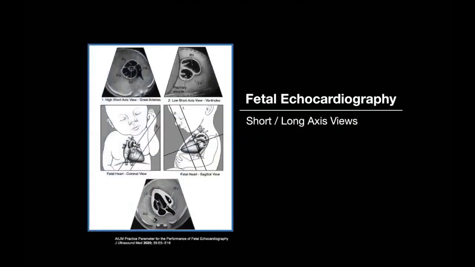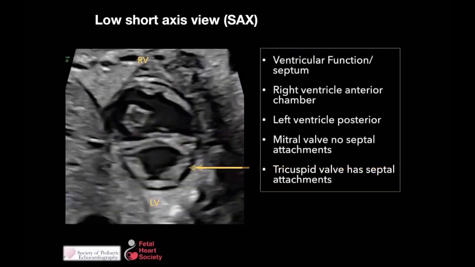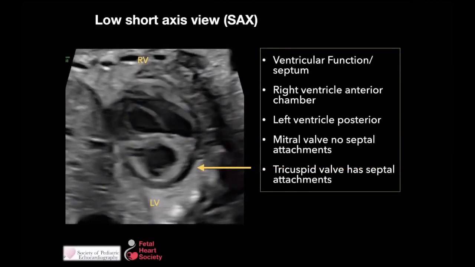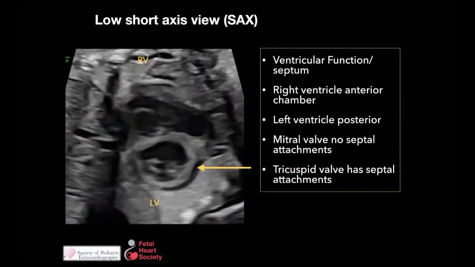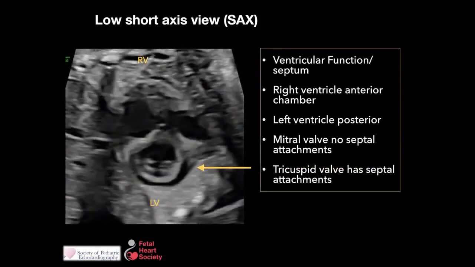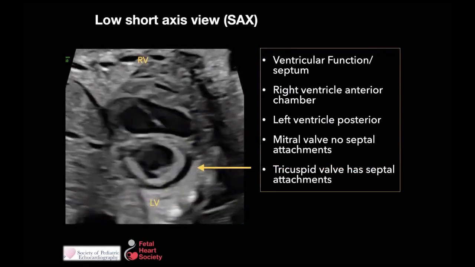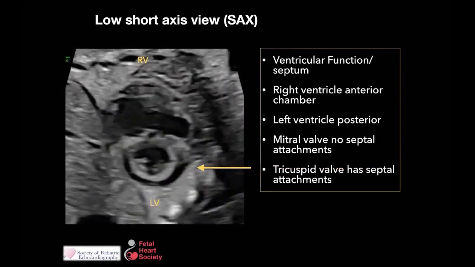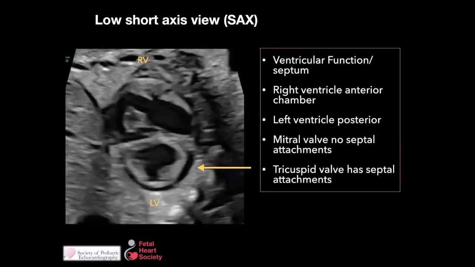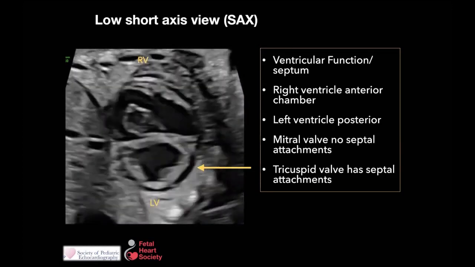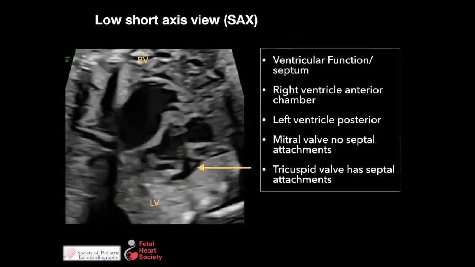So now moving on to the short and long axis views. In assessing the short axis views, we're able to evaluate ventricular function and also take a look at the septum. You can also identify the ventricles by the septal leaflet attachments. The mitral valve has no septal attachments and the tricuspid valve has septal attachments.